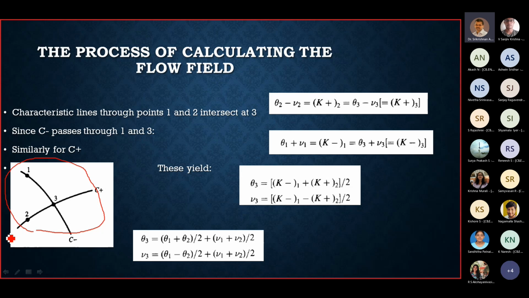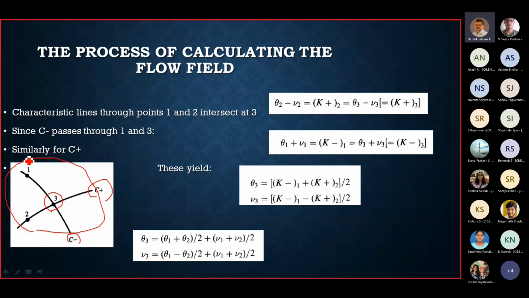We can either correct it during the iterative process, or we may have the initial conditions or the boundary conditions which are specified at initial points. For example, if you look at this, the two lines intersecting at 3, if I am considering an arbitrary point 3, I can have two characteristics passing through it, one denoted as C plus and the other denoted as C minus.